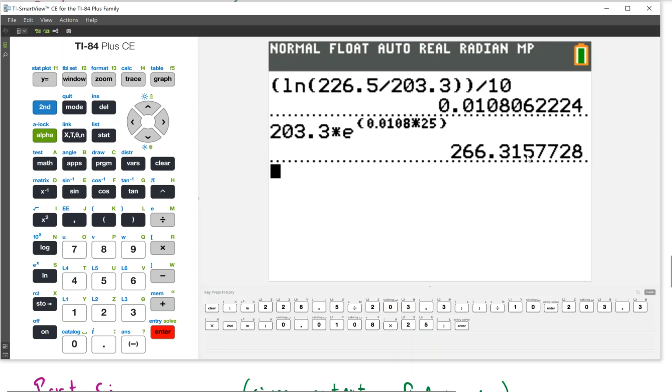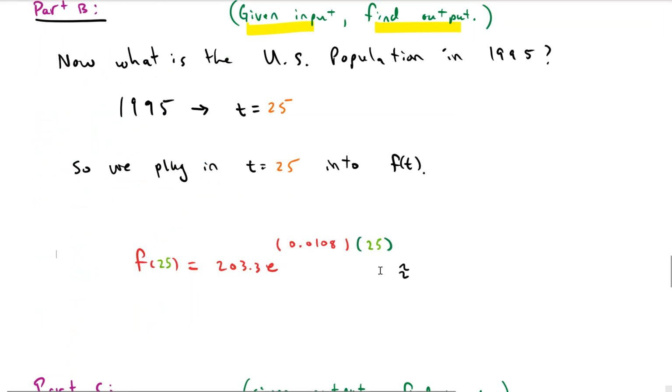We'll round it off at the 100th place. So that gives us approximately 266.32.